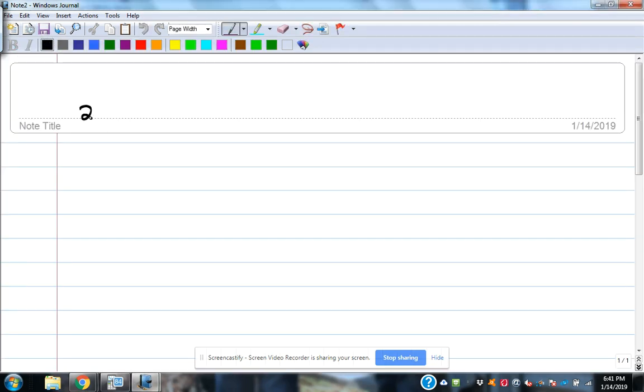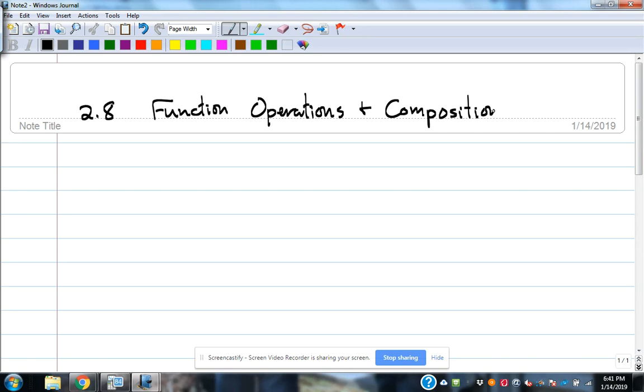All right, next one is section 2.8. It's called function operations and compositions. Function operations means add, subtract, multiply, divide.